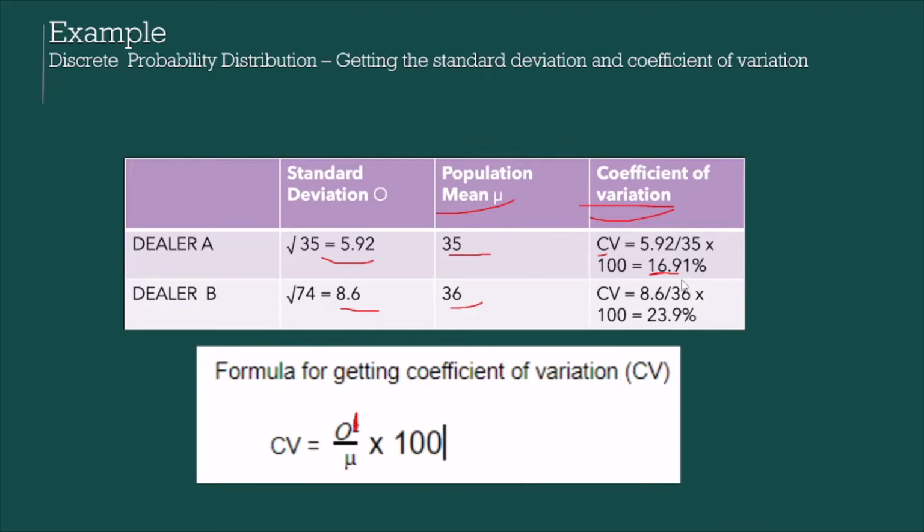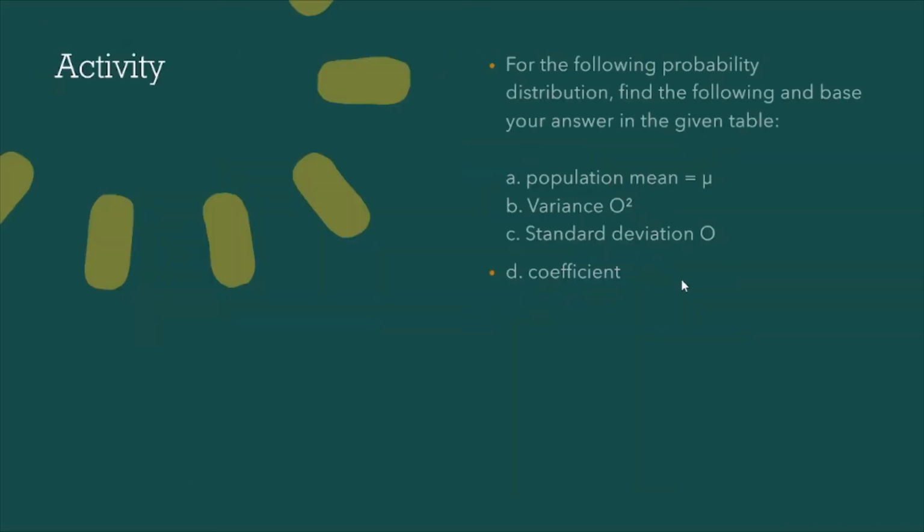By the way, these examples are based on the book, which is on page 58. Before I end the lesson for today, I want you to do an activity for me. For the following probability distribution, find the following based on the given table.